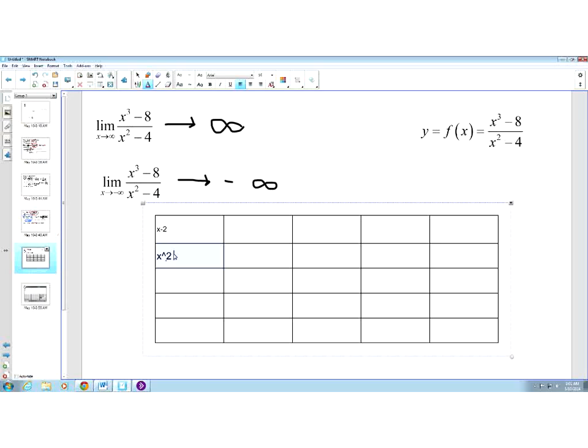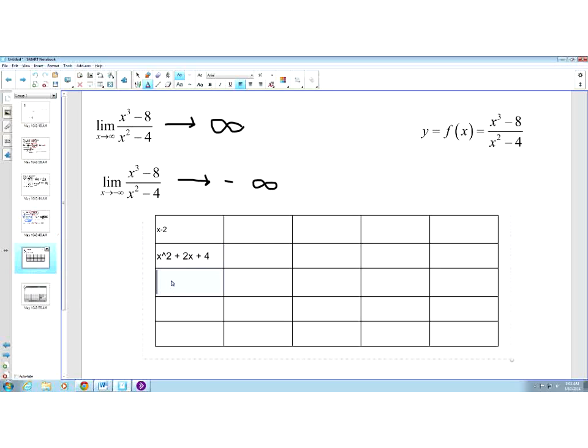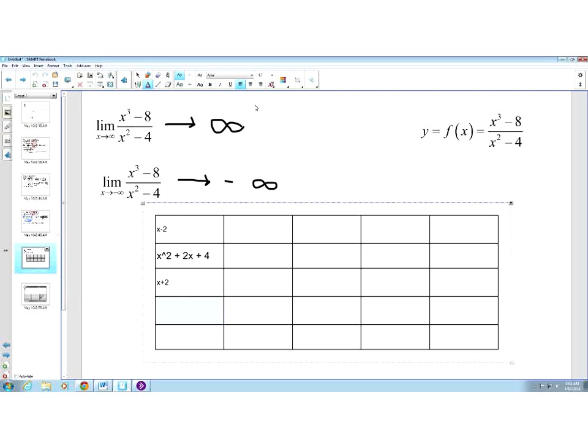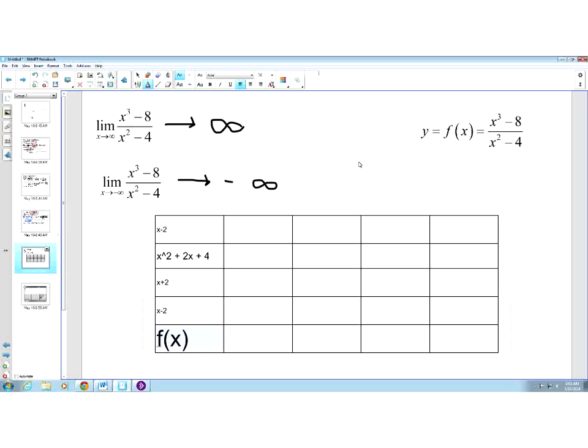And then the denominator we had x plus 2, and we had x minus 2. And then we had f of x.